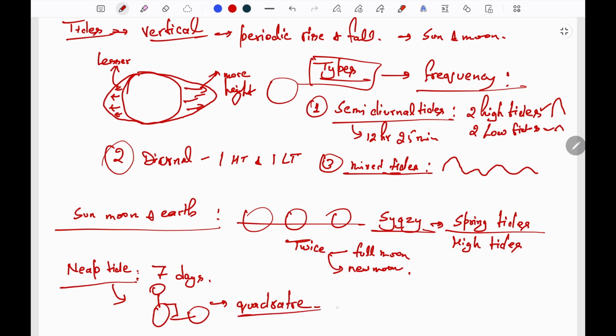So these are generally lower tides than the spring tides. Why? Because the gravitational pull of the moon is more and the sun is less, so they are pulling in different directions. This reduces the height of the tides. They also occur twice a month.